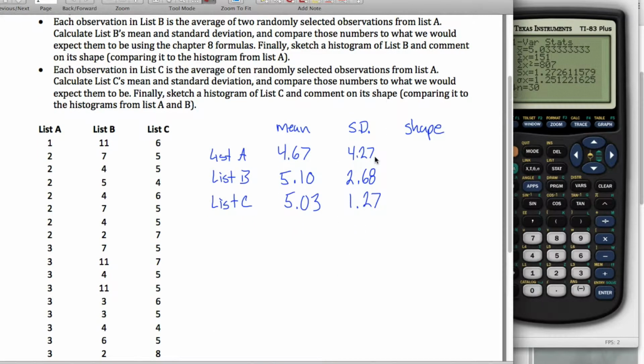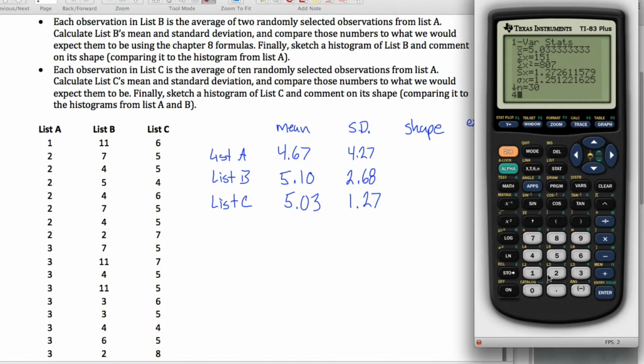It turns out that that's predictable. We would have expected the standard deviation in List B to be related to the standard deviation in List A. Let me do the expected standard deviation over here, and really we're just calculating those for List B and List C. It will be equal to 4.27, my standard deviation from List A, divided by the square root of n.